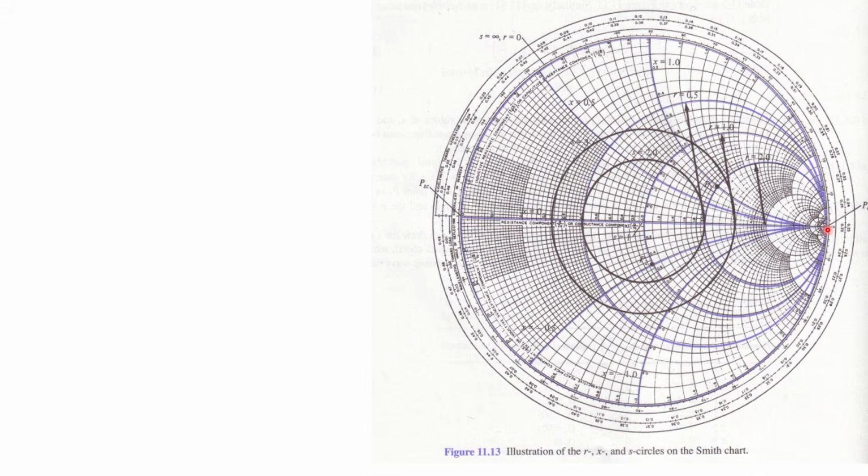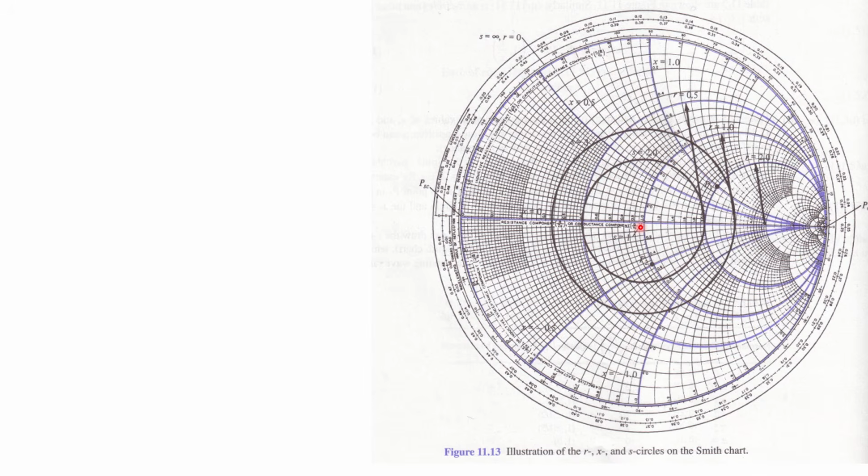Similarly, the extreme right point is where r is equal to infinity and x is equal to infinity, that is called open circuit. And in between there is r is equal to 1 and x is equal to 0, that is called the origin of the Smith chart.